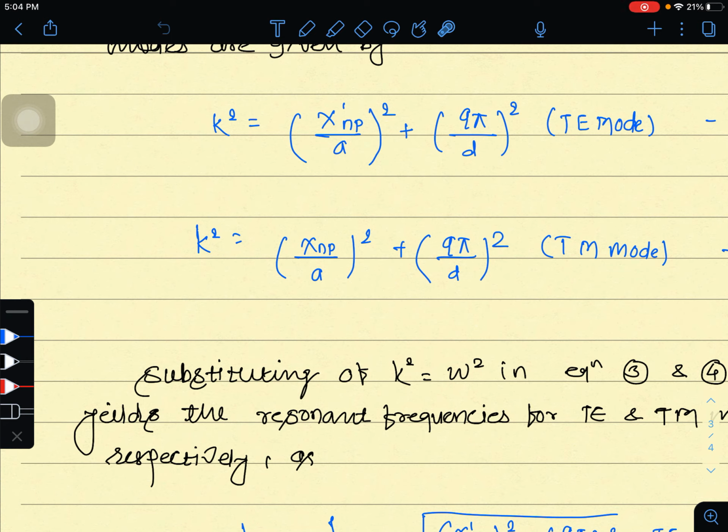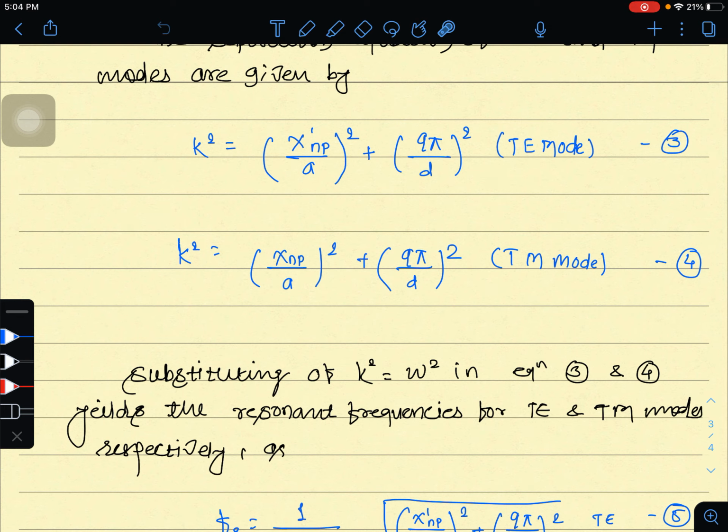Now we know the value of k square. What is the value of k square? K square is nothing but omega square mu epsilon. Now put this value in equation 3 and 4, and we get the resonant frequencies of TE and TM mode.